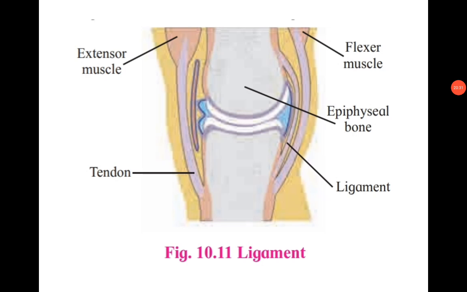This simple figure gives the knowledge of what is tendon and what is ligament. To connect muscle and bone is called a tendon. To connect two different bones, this structure is called a ligament.